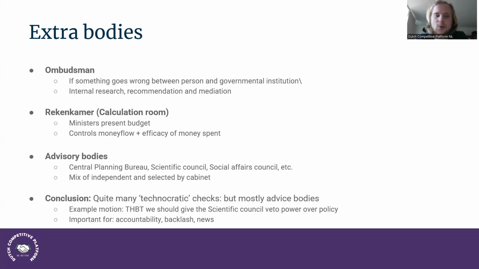Another thing you have is, in a very bad translation, in Dutch called de rekenkamer, which I call in English the calculation room. It's literally a body which checks not only the money flow of ministries, to see where the money is being spent, but also things like efficacy. So it's not just about corruption, like are you giving it to a friend. It is more specifically about why, for example, a policy is not being implemented.